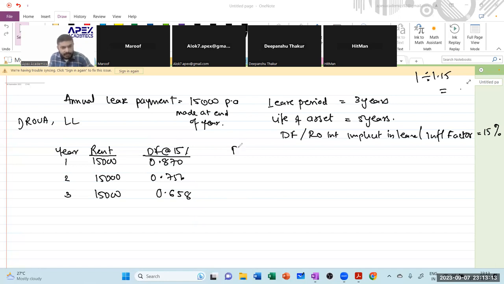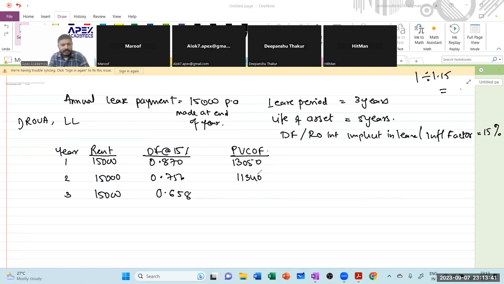Now multiply these to get the present value of your cash outflow. 15,000 multiplied by 0.870. Press equal to. Press M plus on your calculator. Now press 15,000 freshly. Don't press the on button. Directly press 15,000 again, multiplied by 0.756. Press equal to. You will get 11,340. Press M plus.